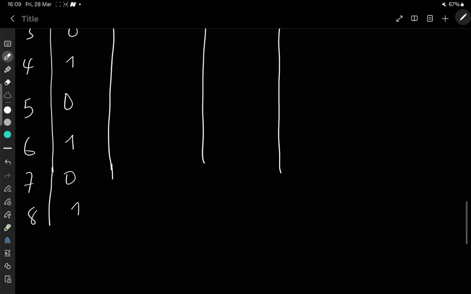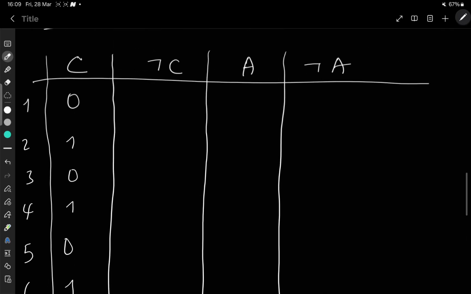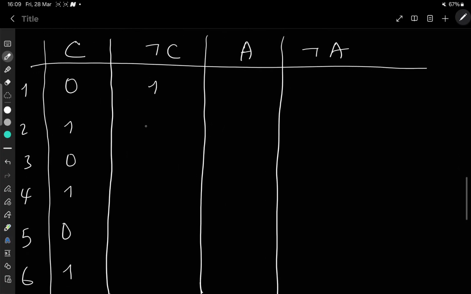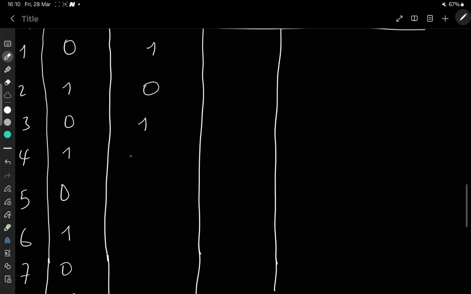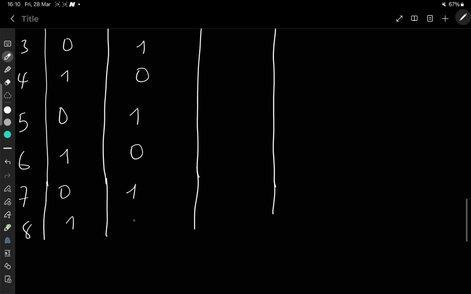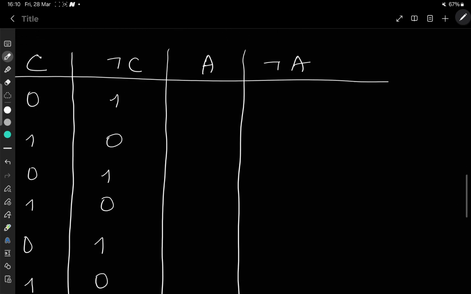That's the value of our C. Then negative of C; 0 stands for false, and 1 stands for true. So if 0 is false, then negative of C is going to be the opposite of 0, which is true. So we have 1. Then this one gives us 0, this gives us 1, this gives us 0, this gives us 1, this gives us 0, this gives us 1, then this gives us 0. That's negative of C.